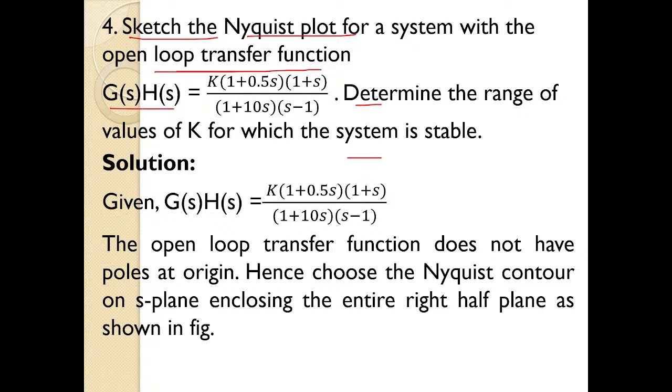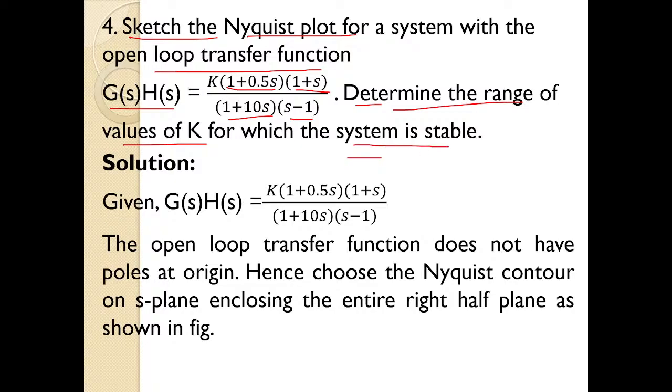The given open loop transfer function is G(s)H(s) equal to K into (1 plus 0.5s) into (1 plus s) by (1 plus 10s) into (s minus 1). So determine the range of values of K for which the system is stable.